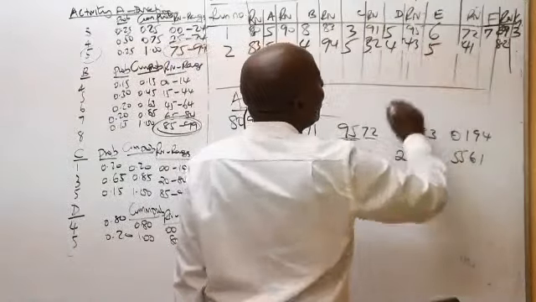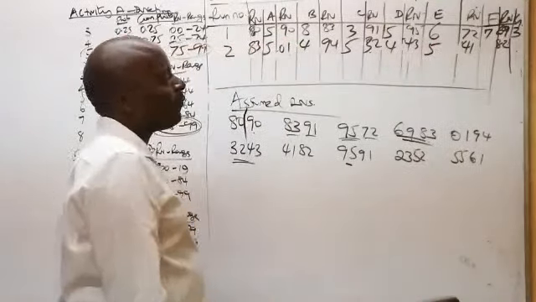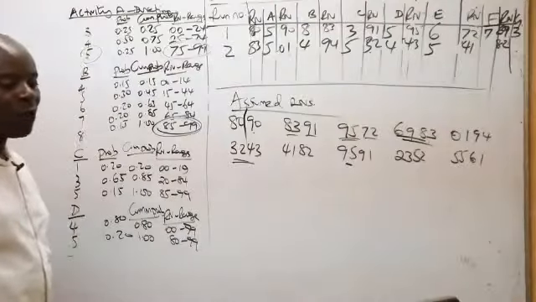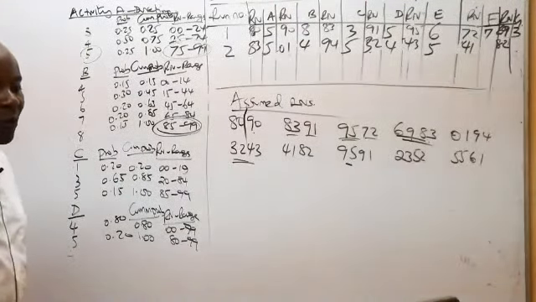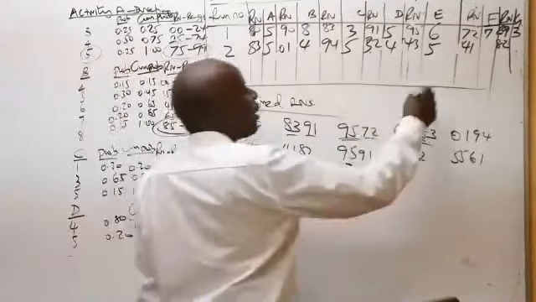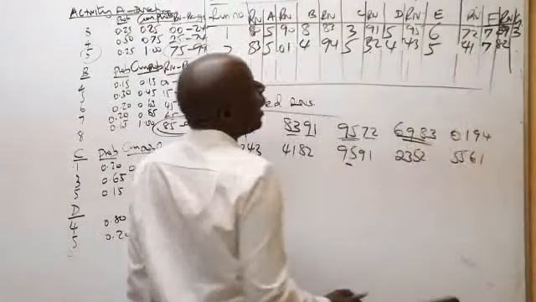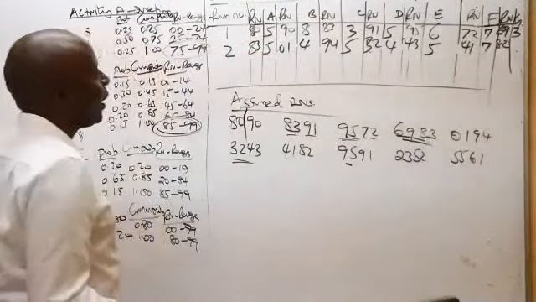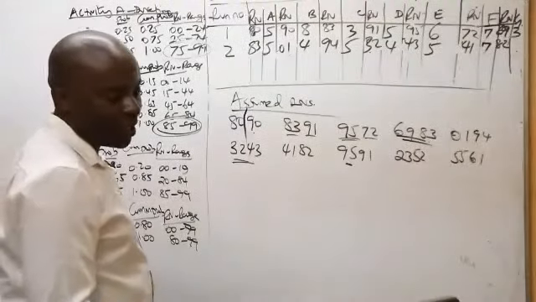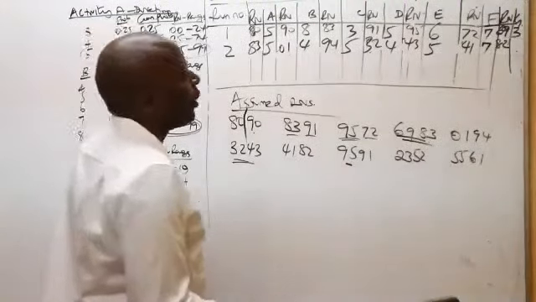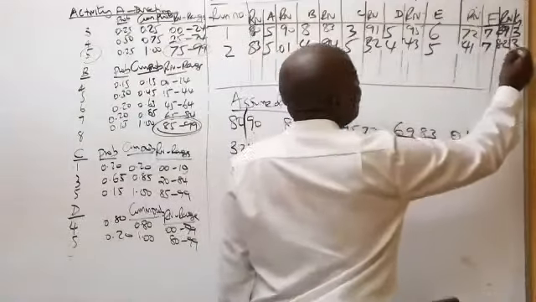How about, ladies and gentlemen, 41 for F? 41 for F they say it's 7. Lastly, we have 82 for G. 82 for G they say it's 3.